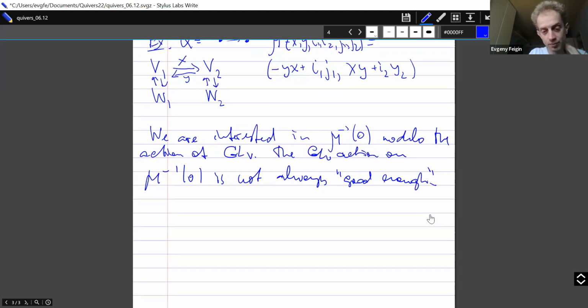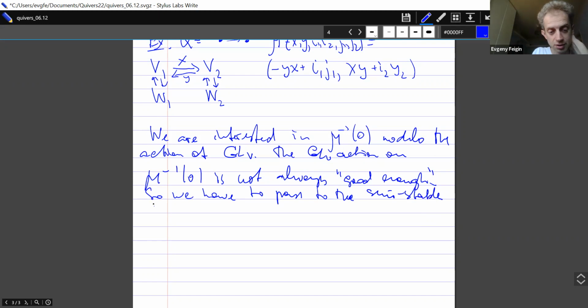So we have to make the space on which the group acts a bit smaller. So let us introduce the following definition. We have to pass to the semi-stable part. Let's define that.